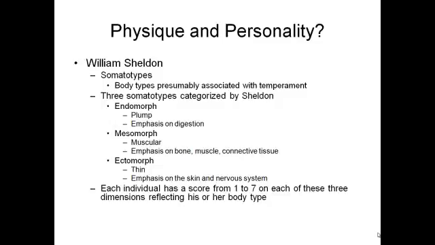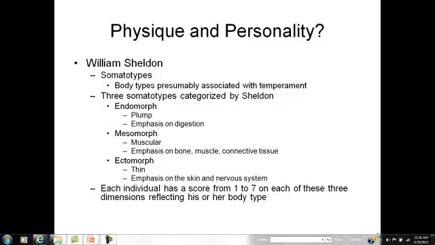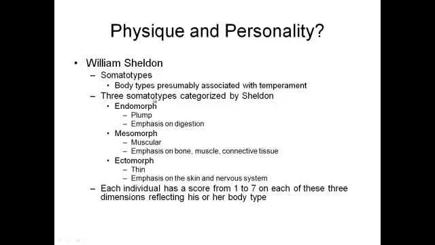Okay. So he came up with the idea of somatotypes, and there are three of them. These three somatotypes, categorized by Sheldon, are endomorphs, mesomorphs, and ectomorphs. The endomorph is plump, like your professor. The emphasis is on digestion. The mesomorph is muscular. The emphasis is on bone, muscle, and connective tissue.